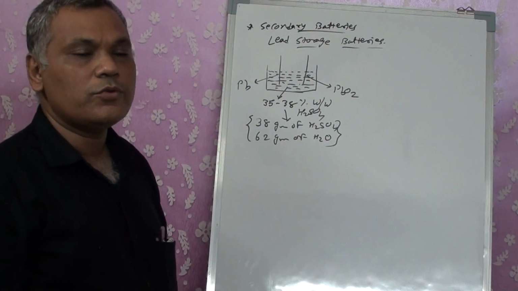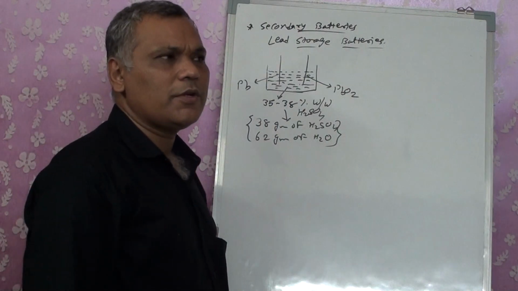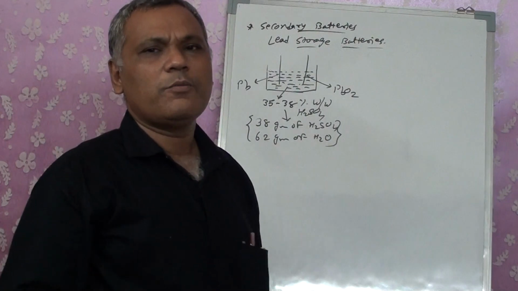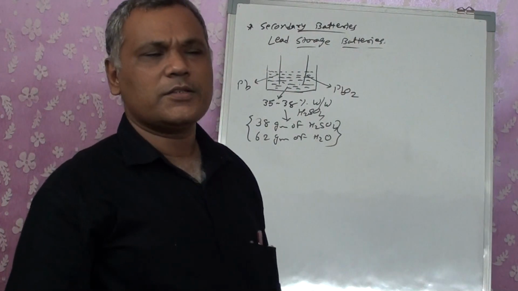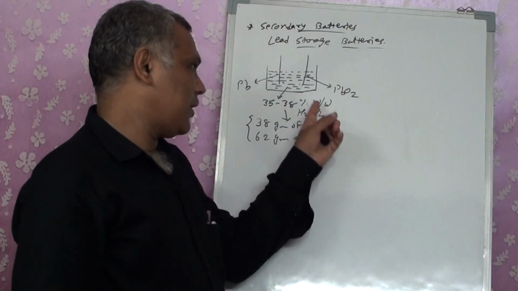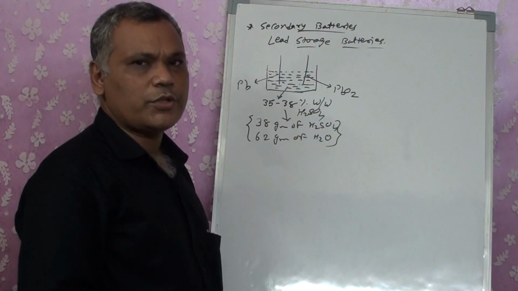It won't be able to work. You are aware of that factor also, that if a battery does not work, you need to push the car so that it gets on. Otherwise the car does not start by the cell. That is because of certain weakness in the concentration of H2SO4.